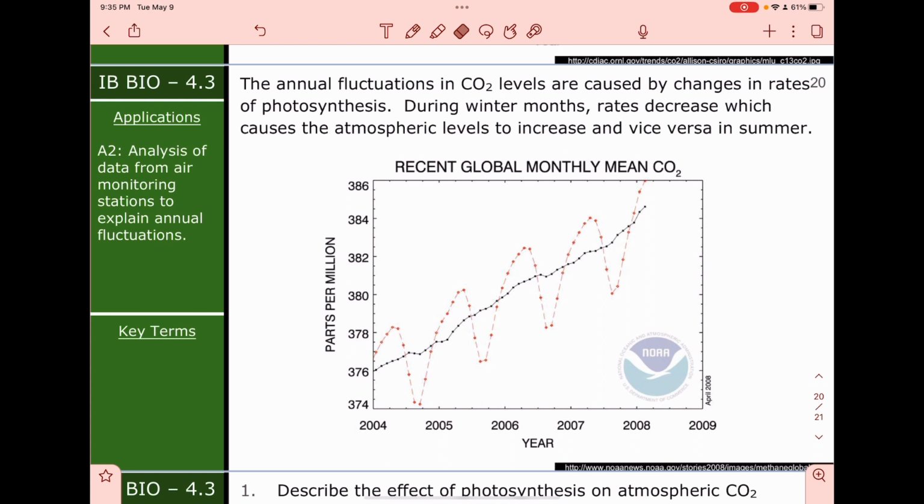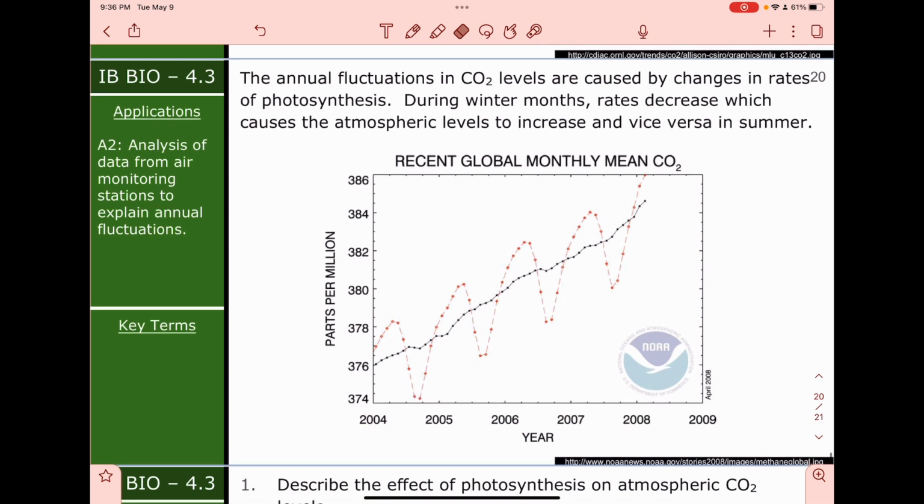The dots represent the average in the months, so you can see the monthly average. The black line represents the overall trend value when we average the peaks and troughs together. You see the trend value, but you can definitely see that we are seeing an increase. As time is continuing, we're seeing an increase in CO2 in our atmosphere.